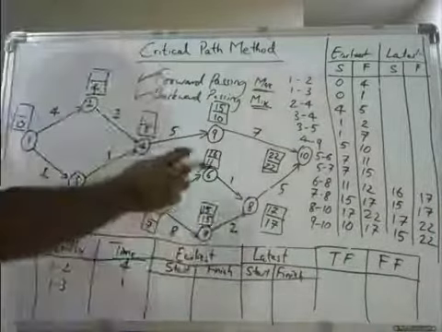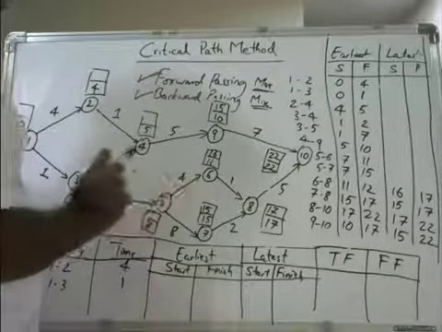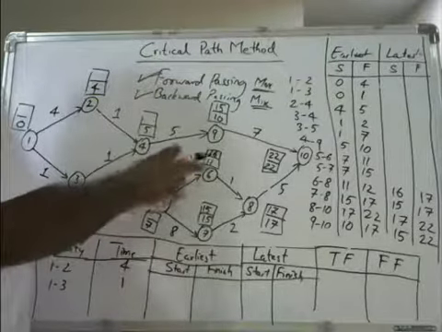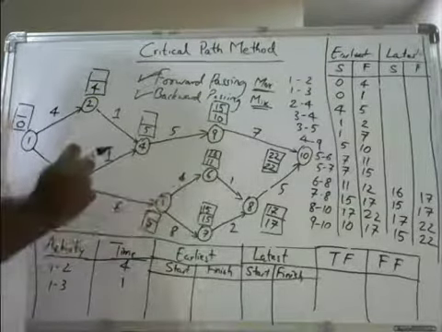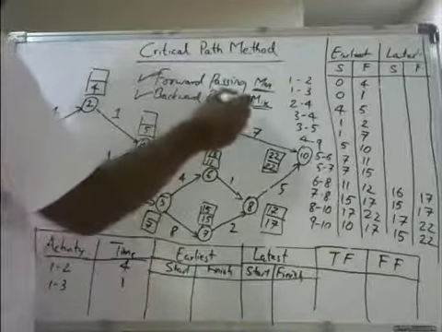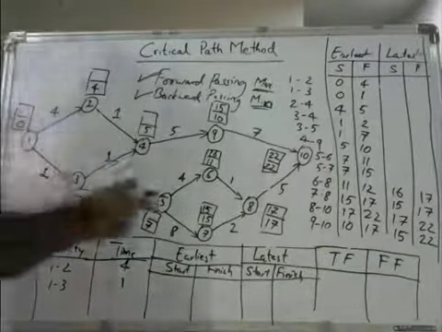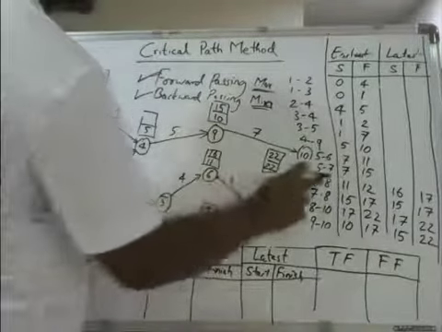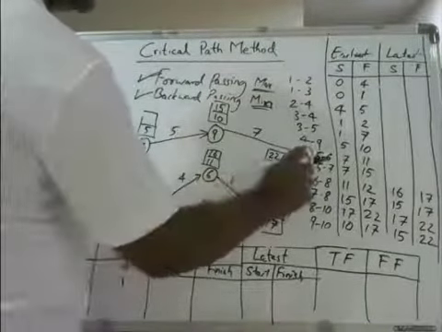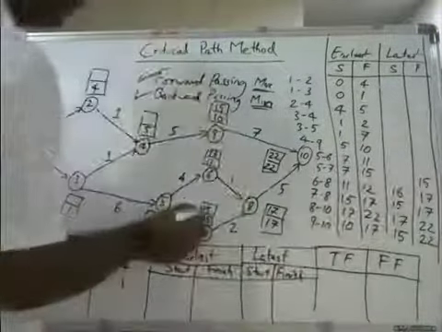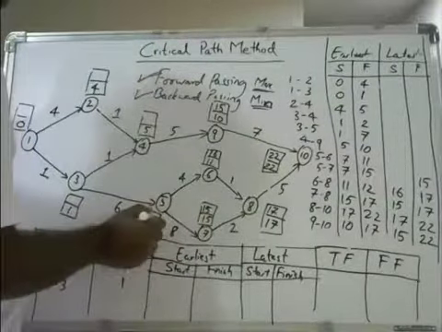Now if you go backwards, here is the trick. You are going backwards to this event from two directions, 6 to 5 and 7 to 5. Which do you have to take? Minimum. Whichever is minimum you should take. 5 to 7 starts with 15. 15 minus 8 is 7.